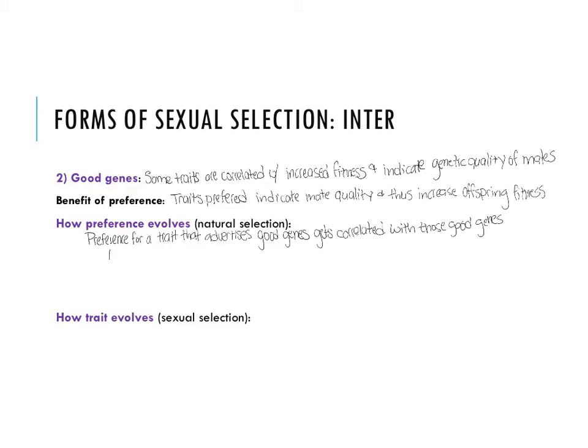And so how this works, to just give another example, so resource-limited sex mates with mate with good genes, and passes their preference and good genes to their offspring.